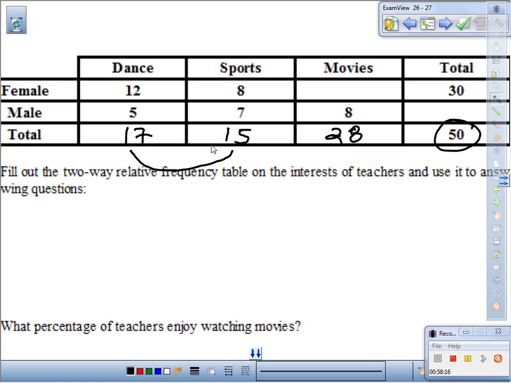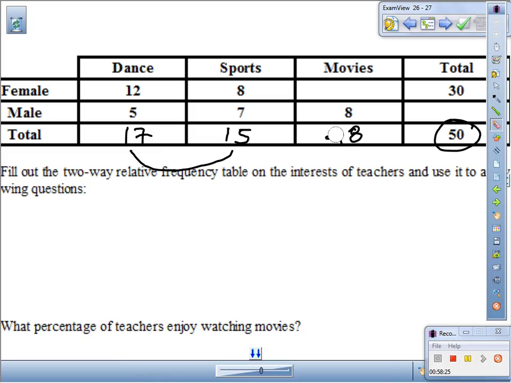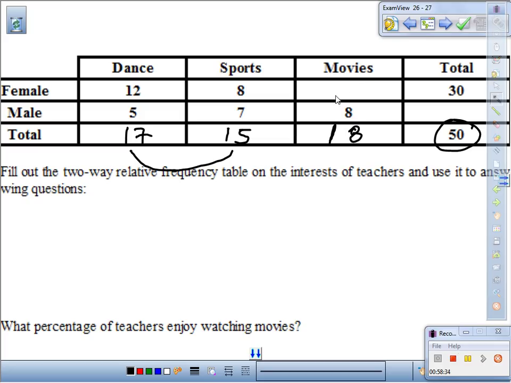Yeah, because you have these two, that's 32. Subtract from 50, that gives us what? 18. Very good. 18. Which means the movies it's 10, and therefore this is 20.